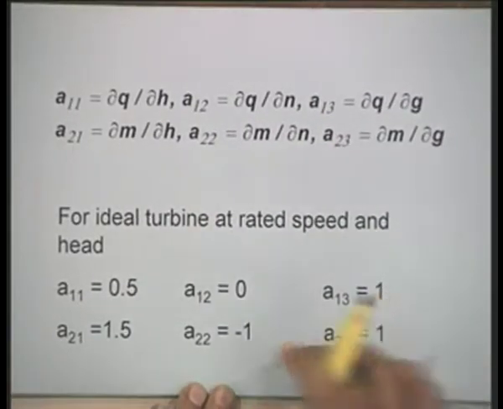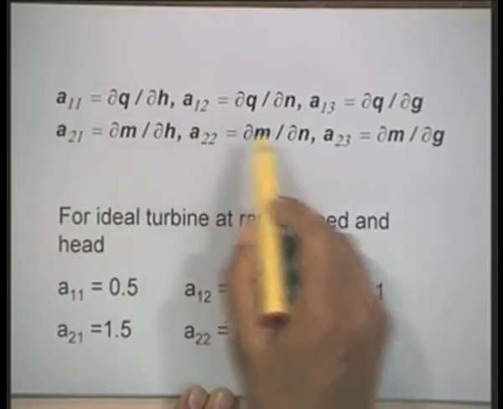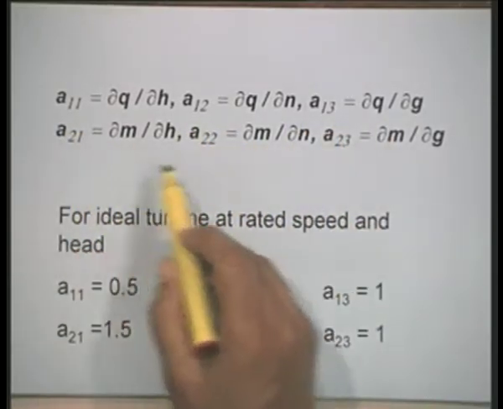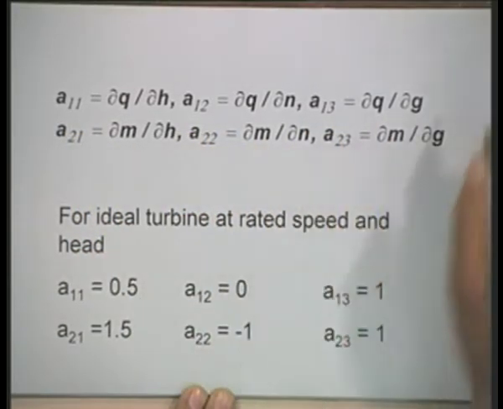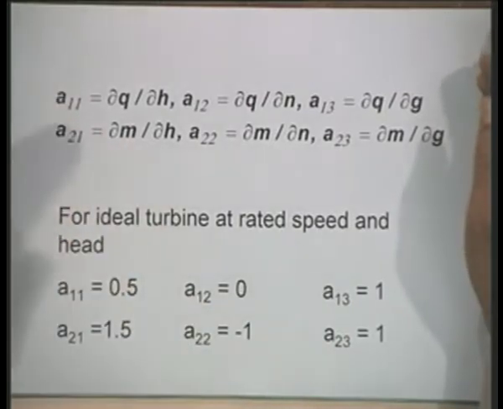Further, these coefficients A11, A12, A13, A21, A22, A23 can be interpreted as the partial derivatives of Q with respect to head, partial derivative of Q with respect to speed deviation, and so on.